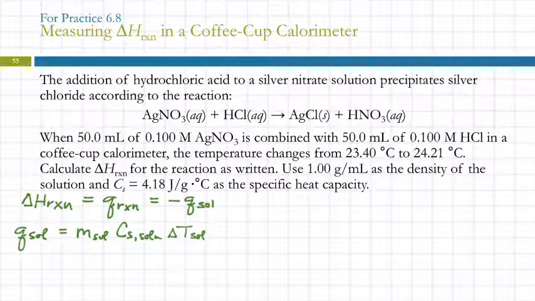Well, did they give us the mass? No. They gave us molarities and they gave us volumes. At this point, the molarity doesn't matter. We're trying to find the mass of the solution.